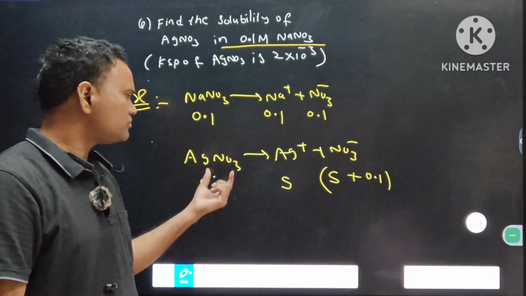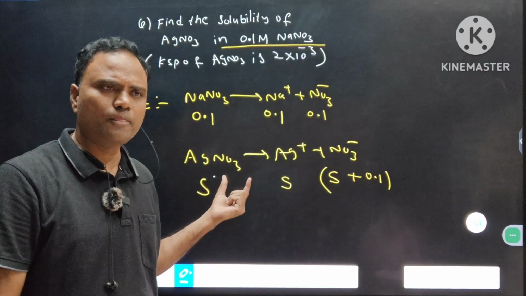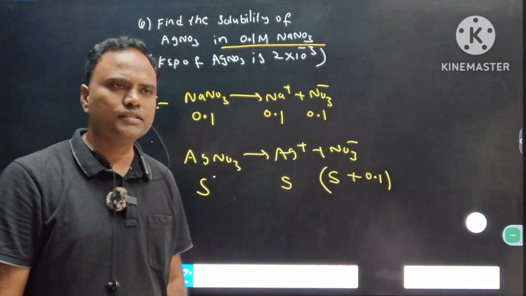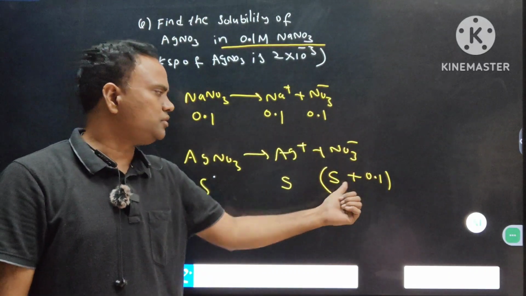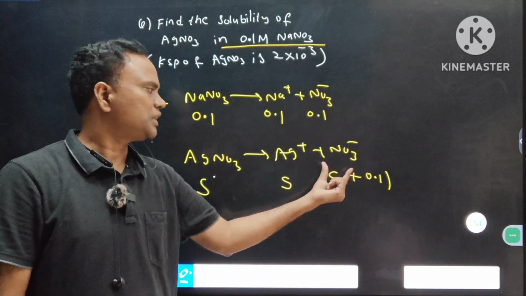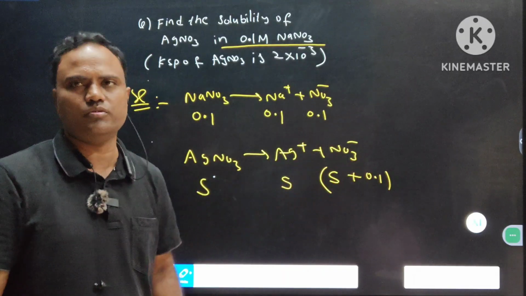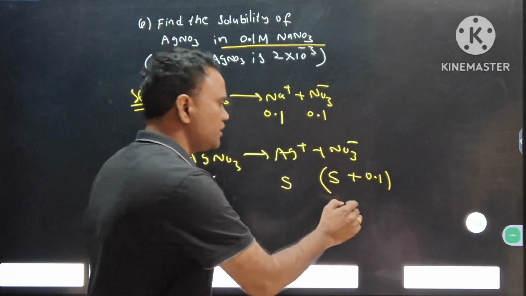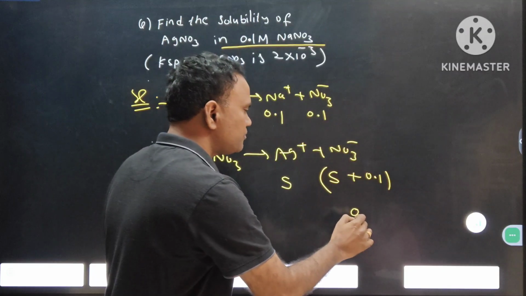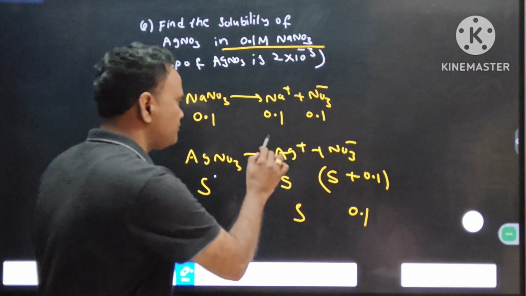But AgNO3 is weak, so you can neglect the S value, because S is the concentration of NO3 minus ions from AgNO3. You can neglect it, so here you can consider 0.1 only. This is S.